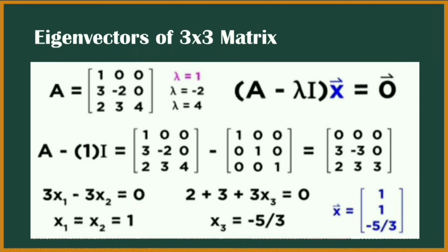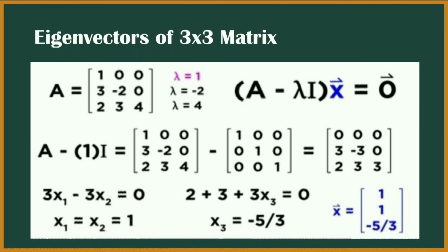So we have A minus 1 times I equals 1, 0, 0, 3, negative 2, 0, 2, 3, 4 minus 1, 0, 0, 0, 1, 0, 0, 0, 1. So we have 0, 0, 0, 3, negative 3, 0, 2, 3, 3.